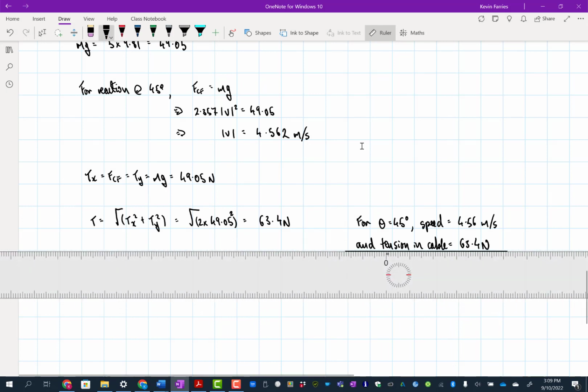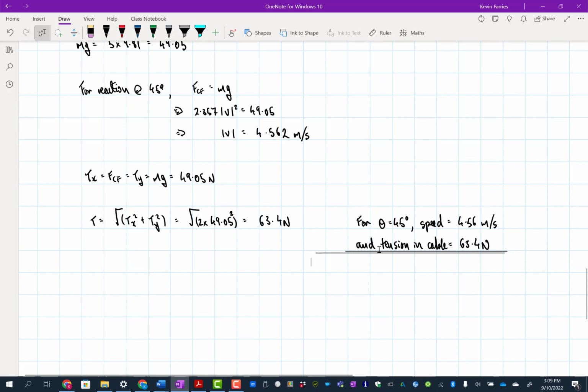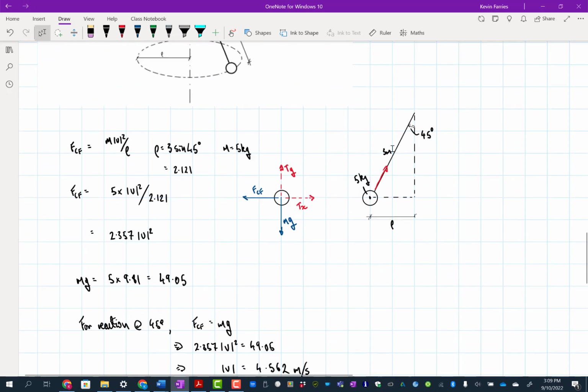And I'll just go back through the calcs again as a check this time. There isn't really another way to show that it's true, but we are saying this is 45 degrees, therefore my centrifugal force must be equal to my weight. The mass times 9.81 is 49.05, and then we find the resultant of these two things, the square root of this squared plus this squared, so it's going to be equal to 49.05 squared times 2, and then we take the square root of that, 69.4.